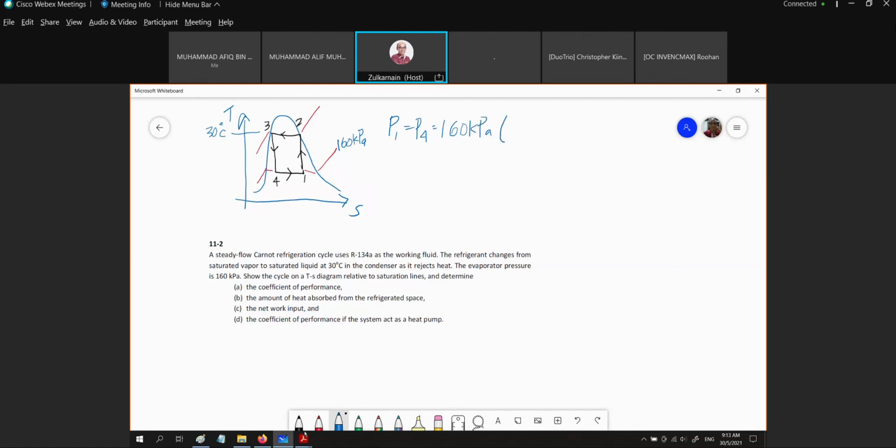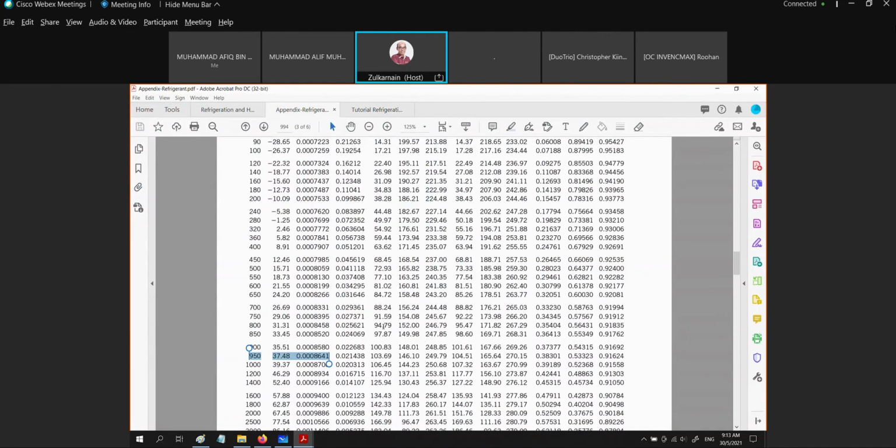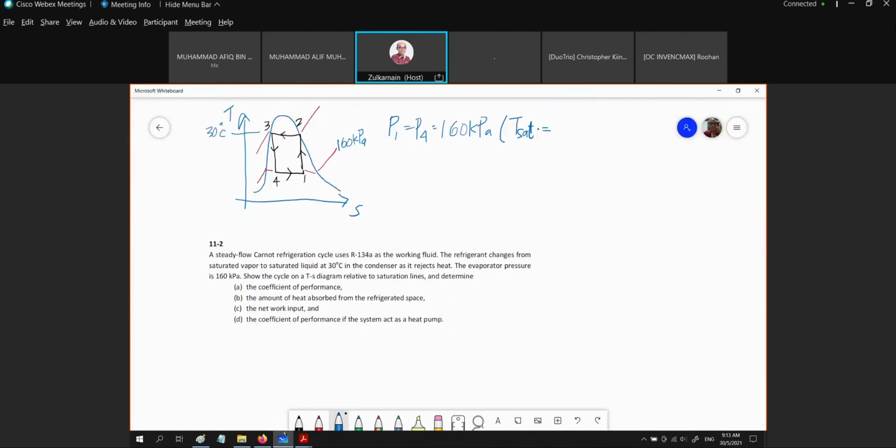And if we look at our table, at 160 kPa, the T sat is minus 15.60 degrees C. Okay, so that is the temperature involved.